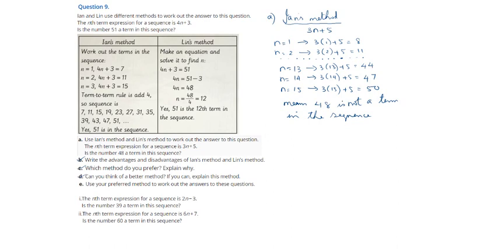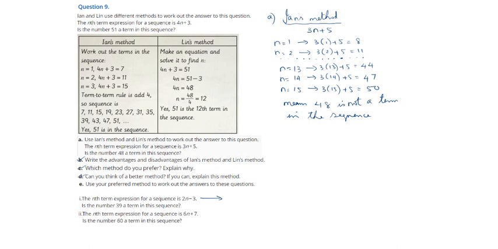Use your preferred method to work out the answers to this question. The nth term expression for a sequence is 2n minus 3. Is the number 39 a term in this sequence? Now we will use Ian's method for this sum.